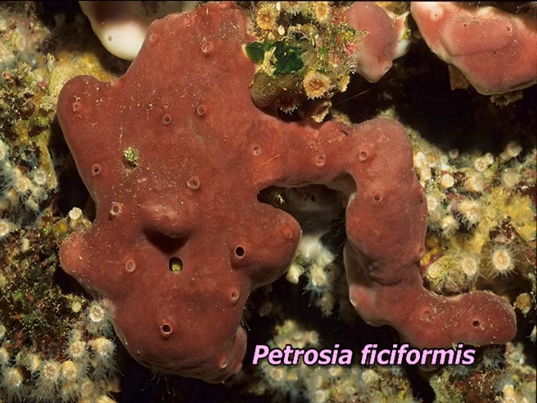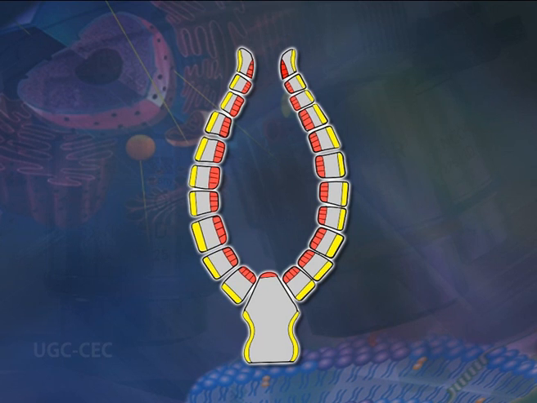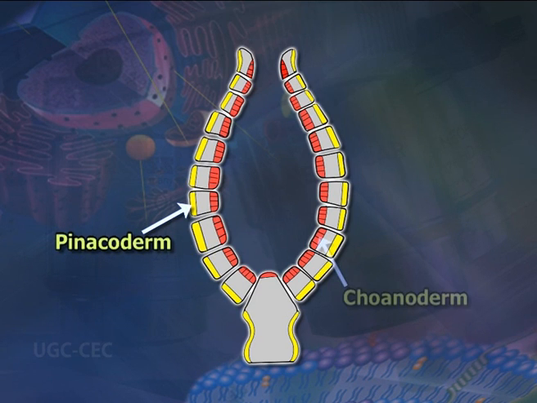Petrosia fisciformis is a sponge species common on the rocky shore of the Mediterranean Sea. In this phylum, the majority of the cells are organized to form the external, that is pinacoderm, and internal, that is choanoderm, covering layers.